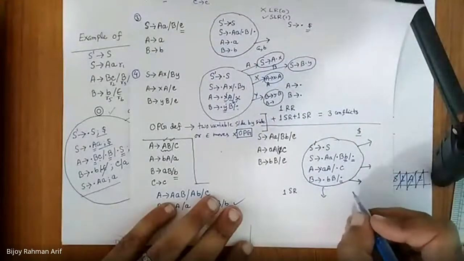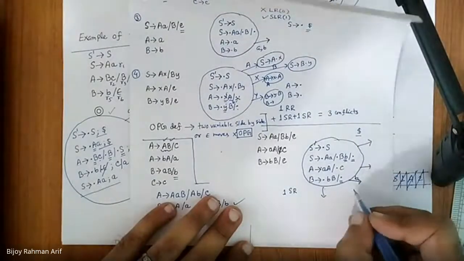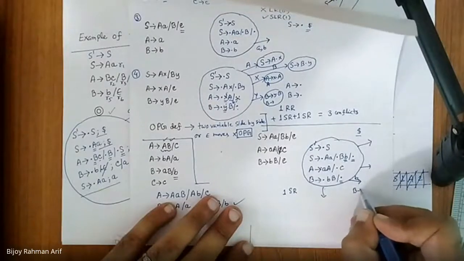Then it goes. If you move on B, we get B derives.